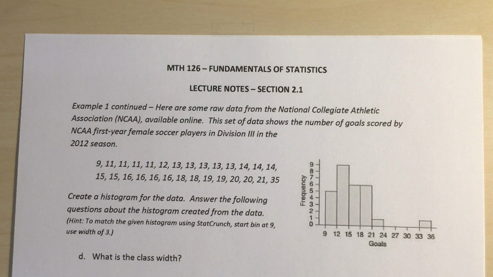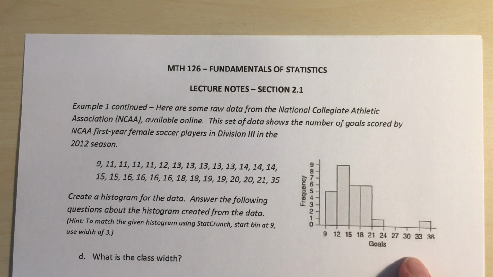We're asked to create a histogram for the data and answer questions about it. To match the given histogram using StatCrunch, start a bin at 9 and use a width of 3. There will be a more detailed explanation on D2L going through those steps, but for right now we'll look at how we can analyze the histogram we're given.